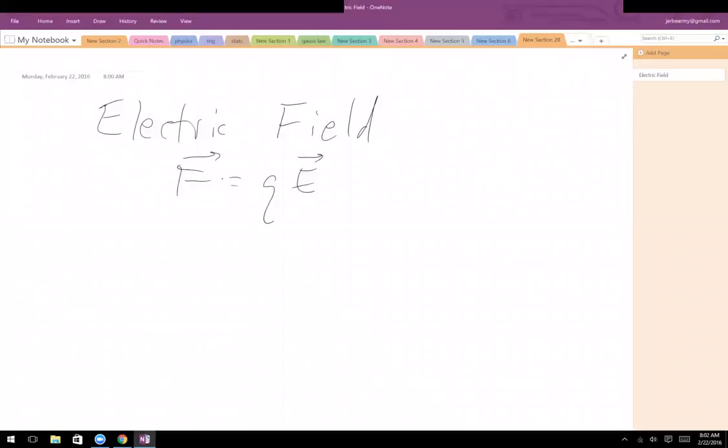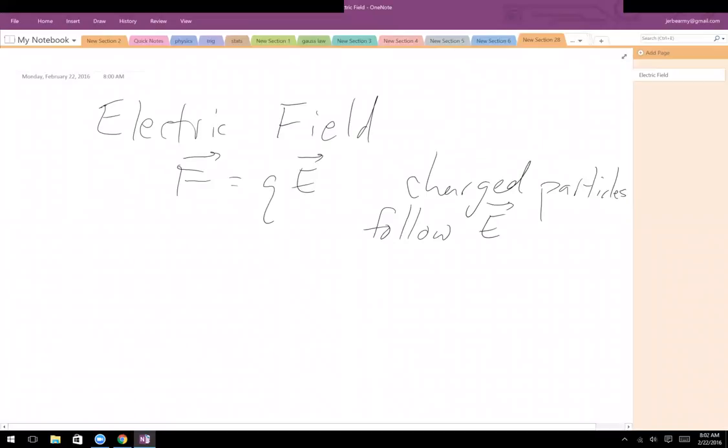That means charged particles sort of follow the electric field. All right?